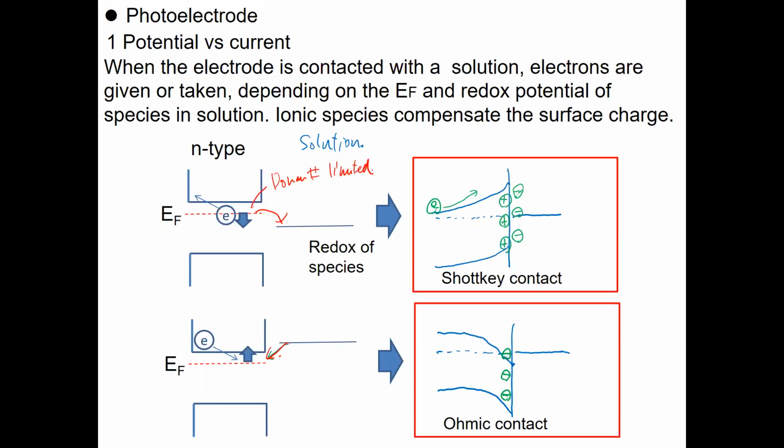And on the other hand, at the interface, the cationic species are coming to the surface, and that makes it like this. And for electrons, it's like a downslope, so it is easy to go to the solution side. So in this case, the contact is called an ohmic contact, similar to a semiconductor contact, okay?